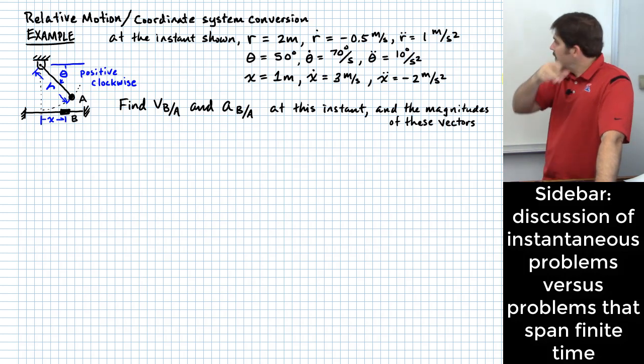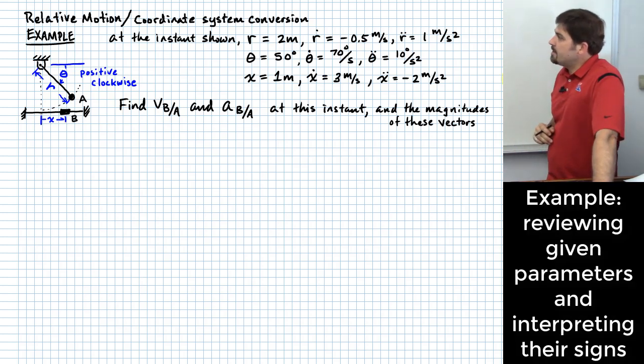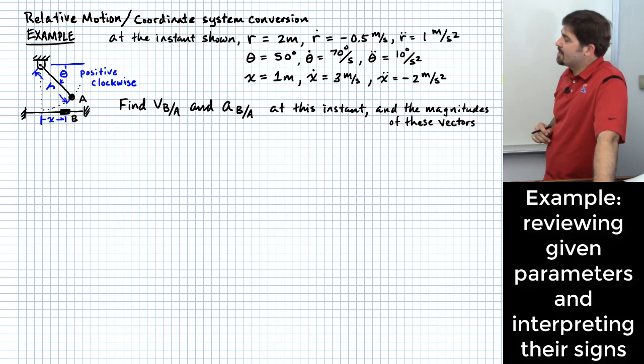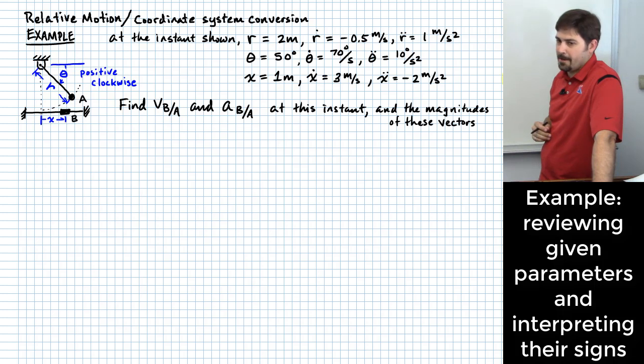Okay? So at this instant, the radius value is 2 meters. The radius is growing shorter at a velocity of 0.5 meter per second. That's what the negative means, that it's growing shorter at a speed of half a meter per second. Then we have the acceleration being 1 meter per second squared.